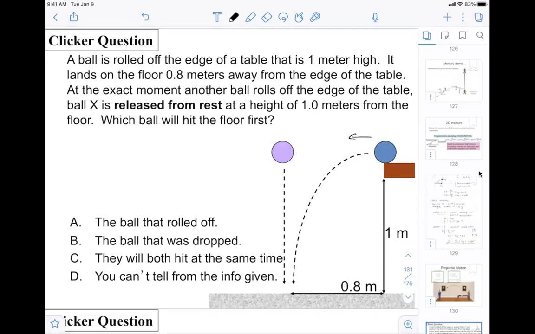Okay, 10 more seconds, please. If you haven't voted already, please put in your prediction.